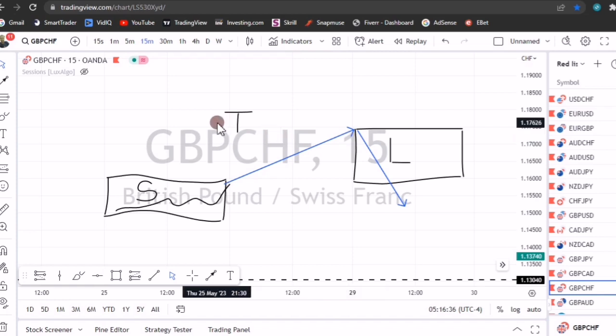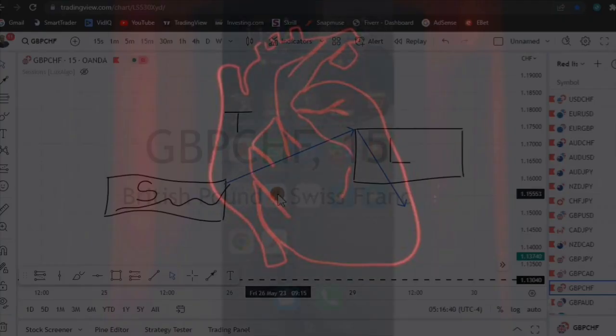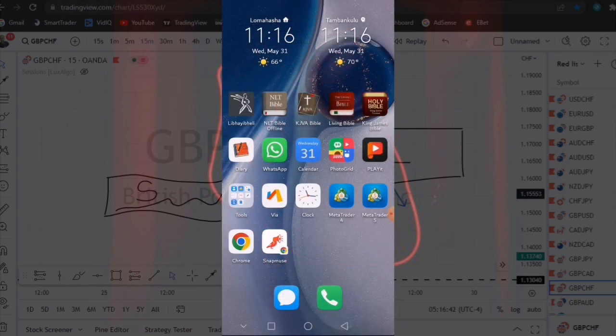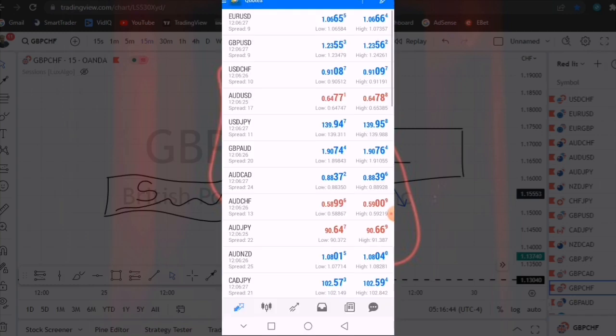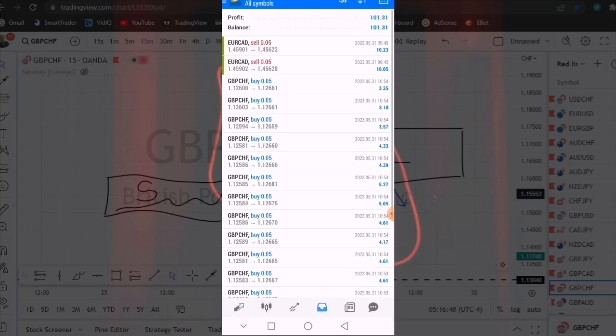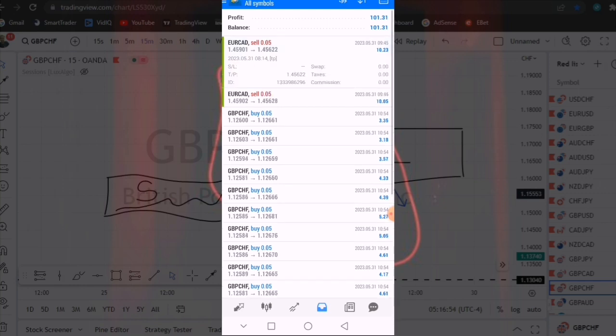It reminds me of something else, guys. Let me show you this. Let's go to my phone right here. Let's go to this. You know, there's another trick that I have for this thing, EuroCAD and EuroGBP.